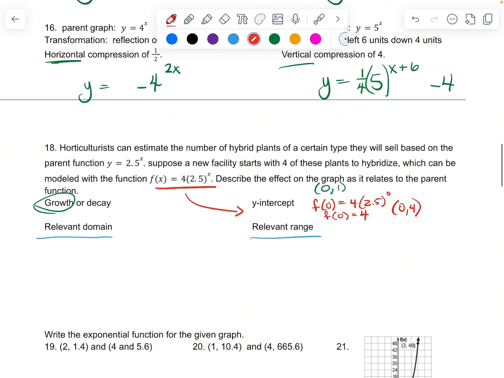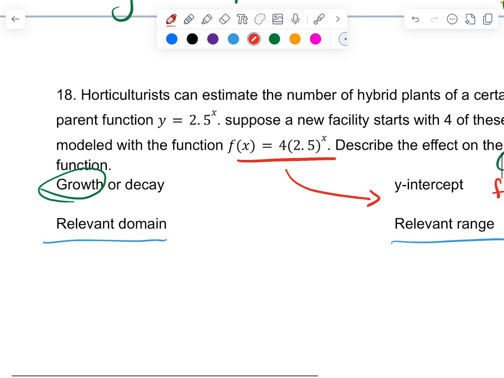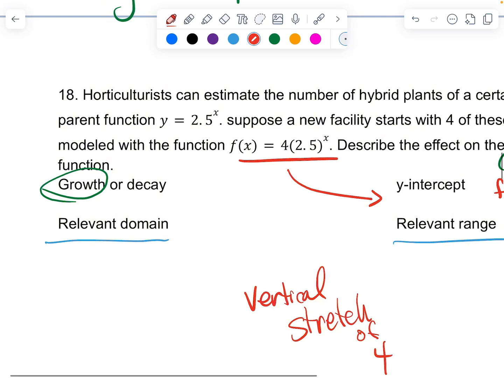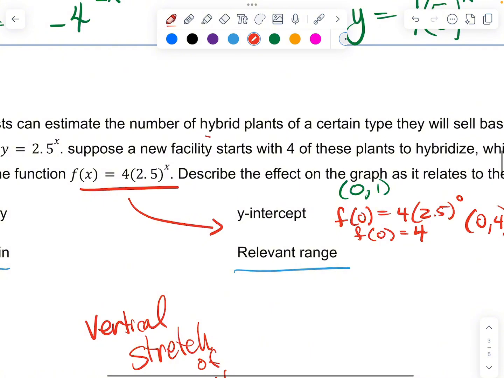Now, the description also has to be that there is a vertical stretch of 4. Relevant domain. Okay, so if we're talking horticulturists, we're talking about hybrid plants.